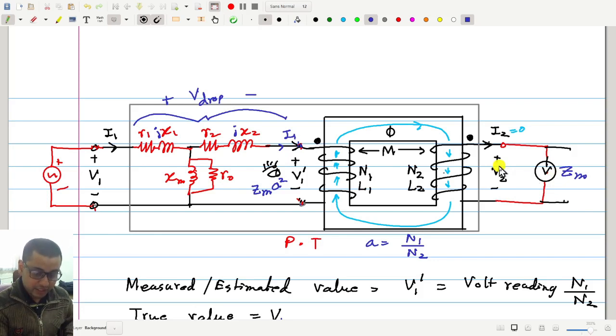That means for what kind of value of Zm, on what condition on Zm, the angle between V1 prime and V1 will be 0. That means V1 prime and V1 will be in the same direction for what condition on Zm? From intuition and from this diagram.